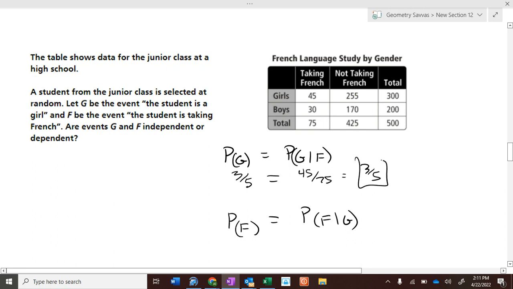So these are equal. Let's do it the other way. What's the probability of being in French class? 75 out of 500. What's the probability, given that you're a girl, you're taking French?